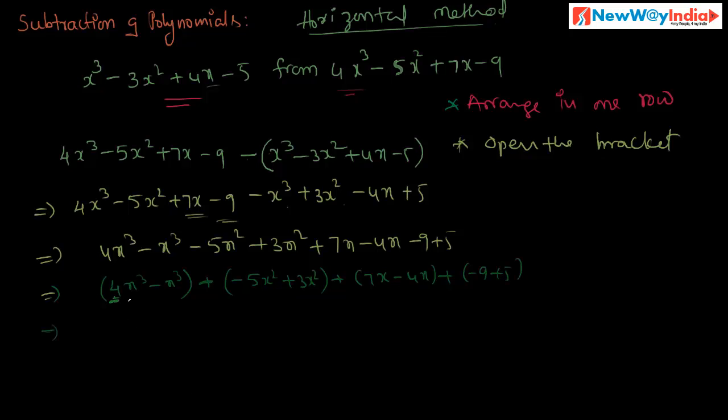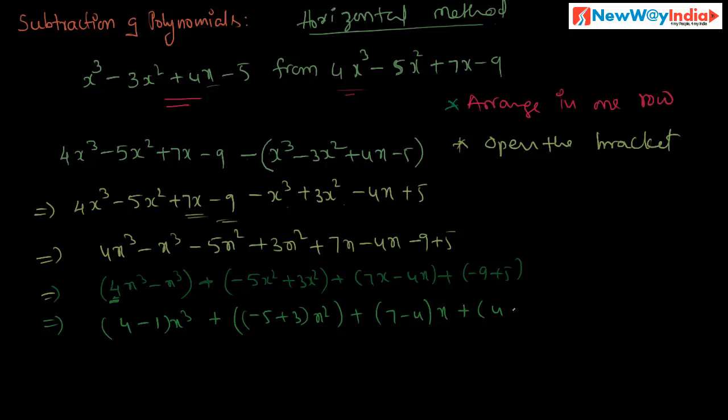First I add the coefficients, that is 4 minus 1, 3x cube, plus minus 5 plus 3 is equal to minus 2x square, plus 7x minus 4x, 3x, plus minus 9 plus 5 is equal to minus 4. Remove the brackets. Now add the like terms: 4 minus 1 x cube plus minus 5 plus 3 x square plus 7 minus 4 x plus minus 9 plus 5.